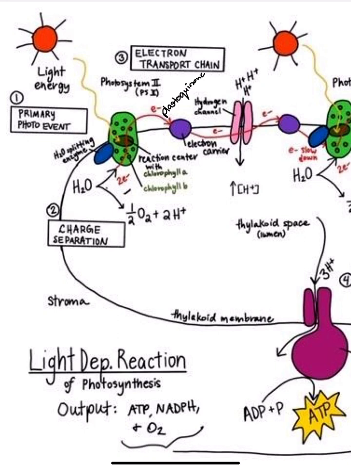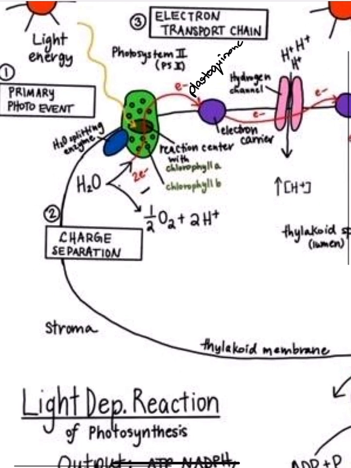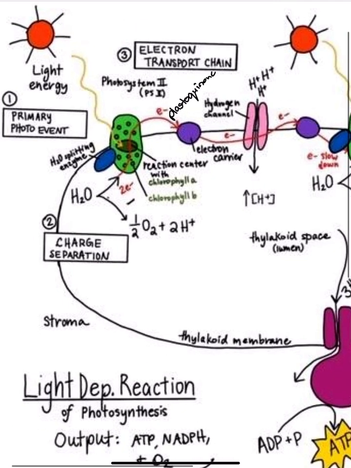Now, before we discuss the electron transport chain, there's something that happens here. We'll see it is referred to as charge separation. And this is why we need to water a plant, of course. The water molecules will be split by an enzyme, a water splitting enzyme. And the water will lose electrons, of course, become oxidized, and it will form half a molecule of oxygen and two protons, hydrogen ions.